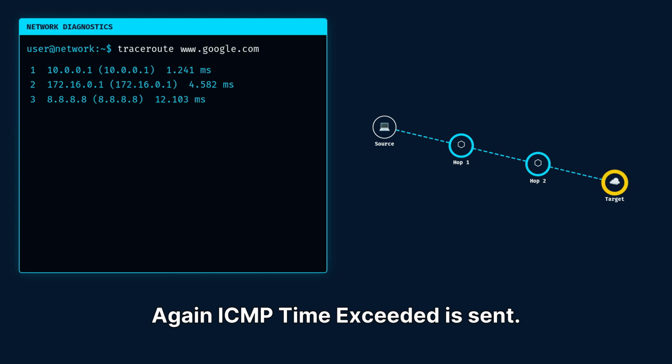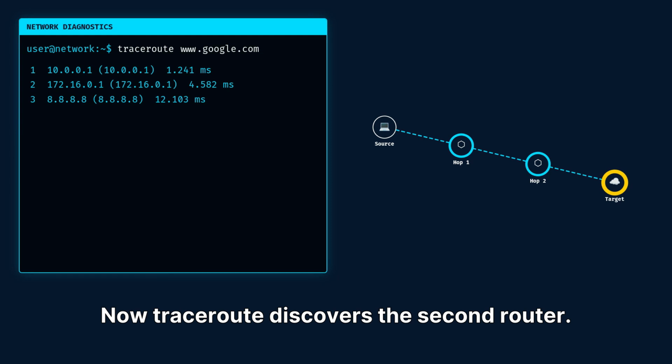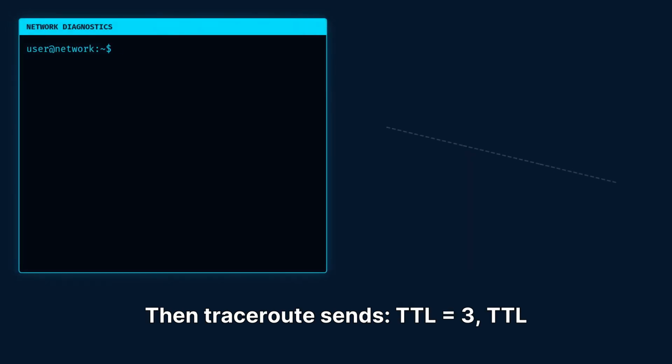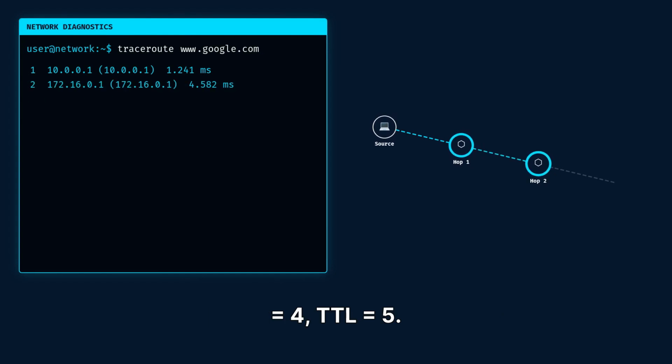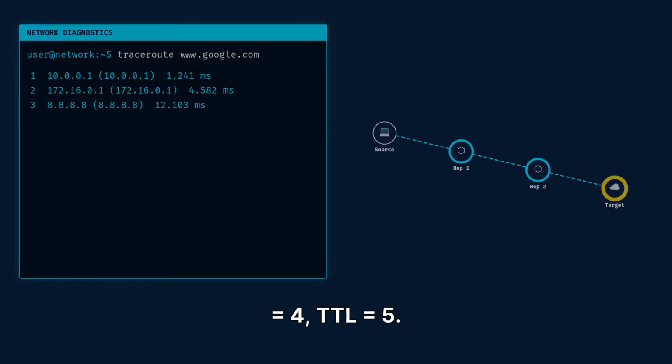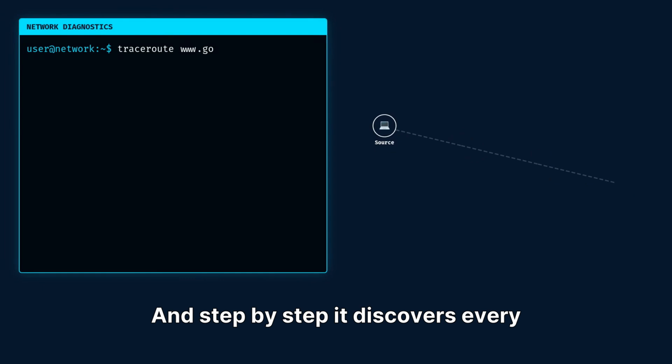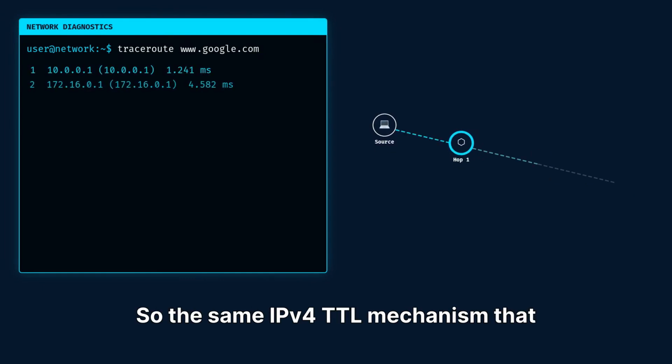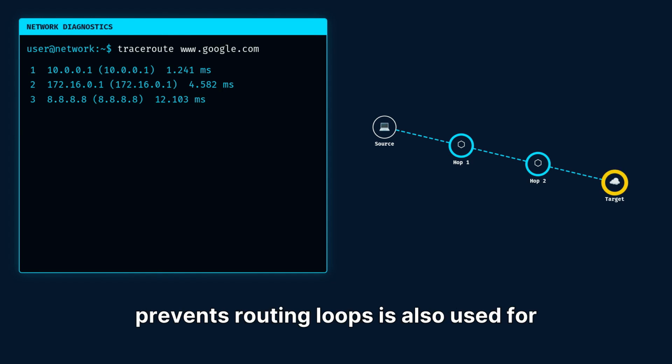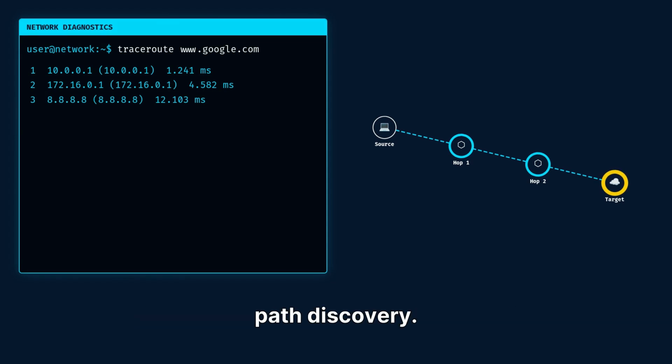Again, ICMP Time Exceeded is sent. Now Traceroute discovers the second router. Then Traceroute sends TTL equals 3, TTL equals 4, TTL equals 5. And step by step, it discovers every router in the path. So the same IPv4 TTL mechanism that prevents routing loops is also used for path discovery.